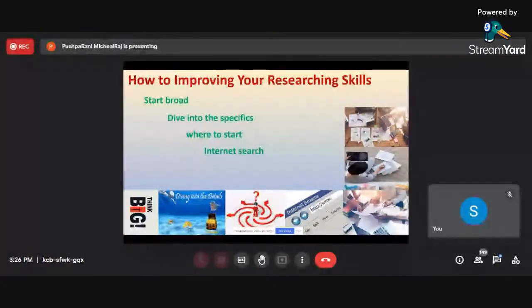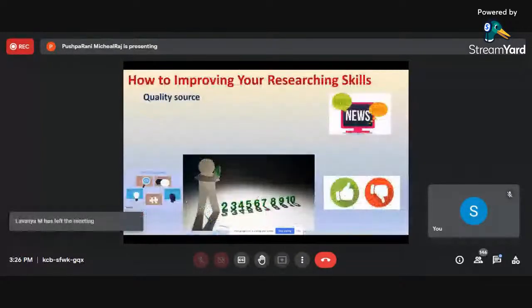So how you can search your research is that you must know the quality and reliable sources available in Google or Wikipedia or the research papers. So you must learn how to recognize the quality source.